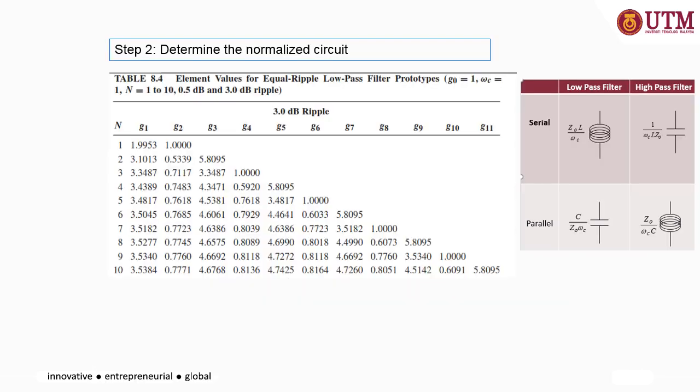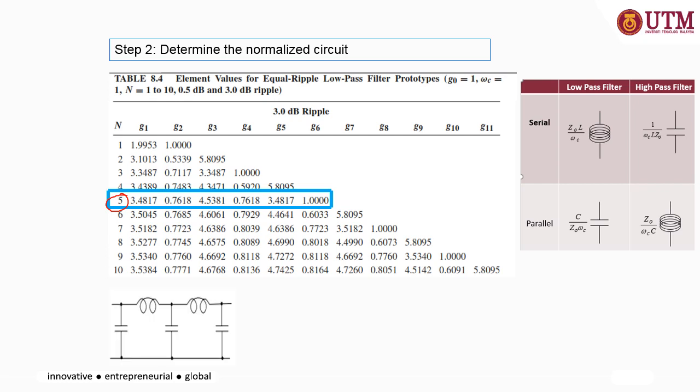Okay, next step, refer to the circuit normalization table. So N equal to 5, you have all the components in hand. You can choose the circuit configuration 1, 2, or 3. For example, we use configuration 1.